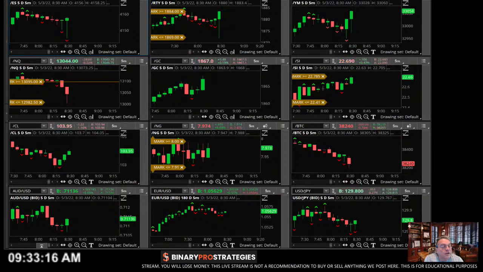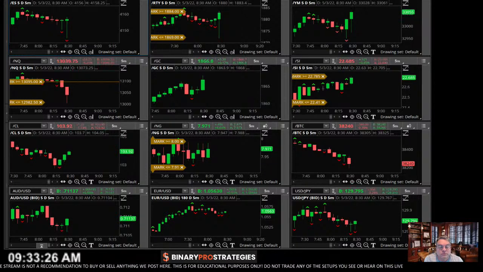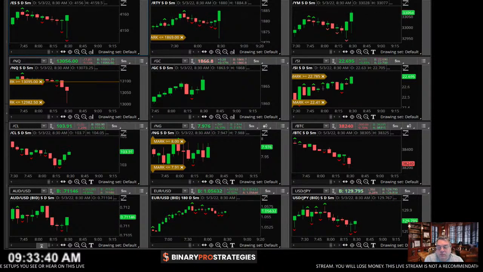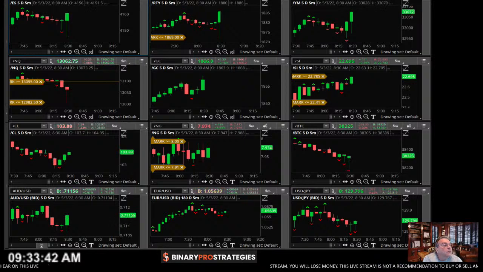Silver still coming in as a short. Profit target hit on RTY.